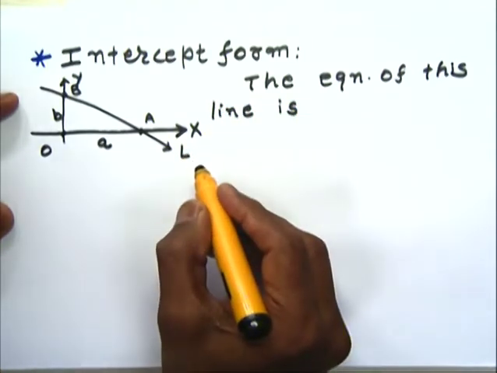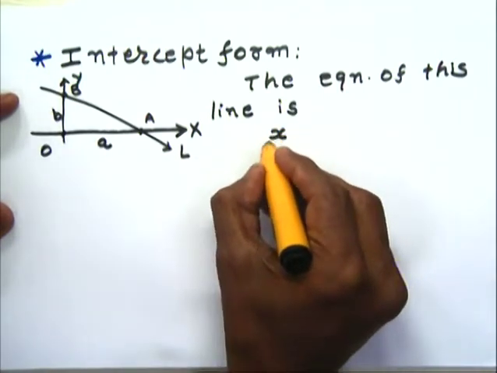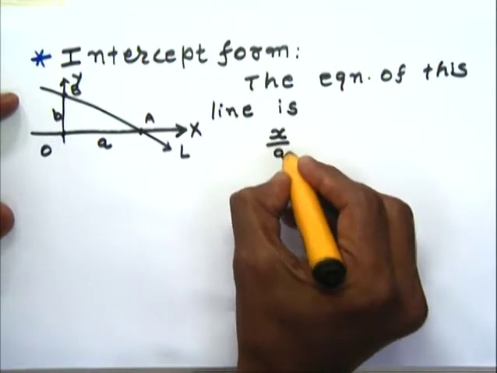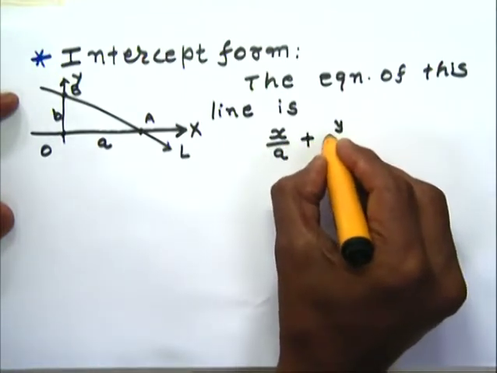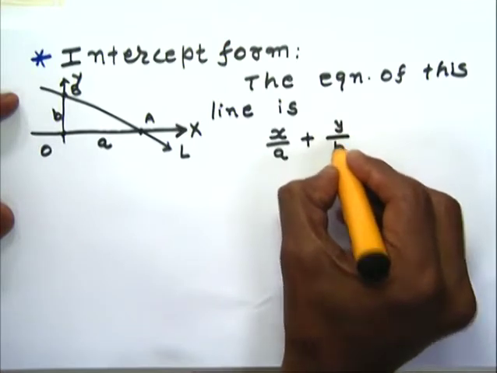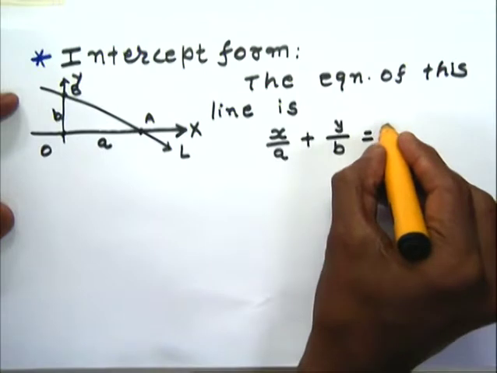It is very simple. x divided by the intercept plus y divided by the intercept on y-axis is equal to 1.